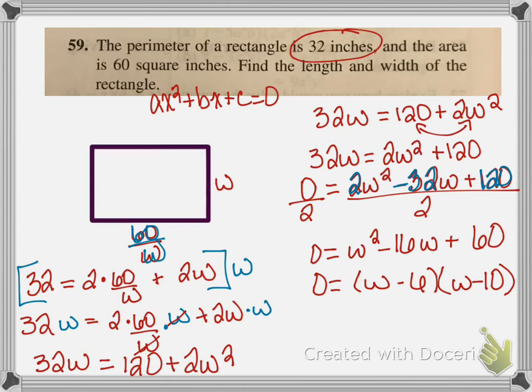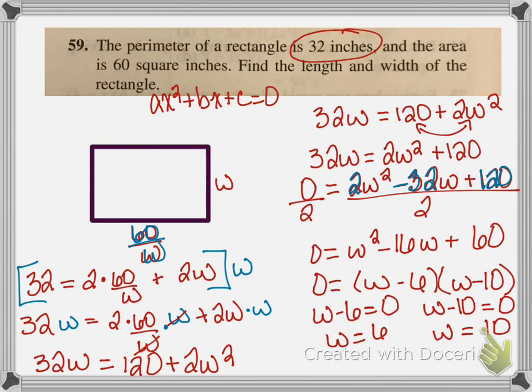Okay, so I have w minus 6 equals 0 and w minus 10 equals 0. So my W value can be 6 or it can be 10.